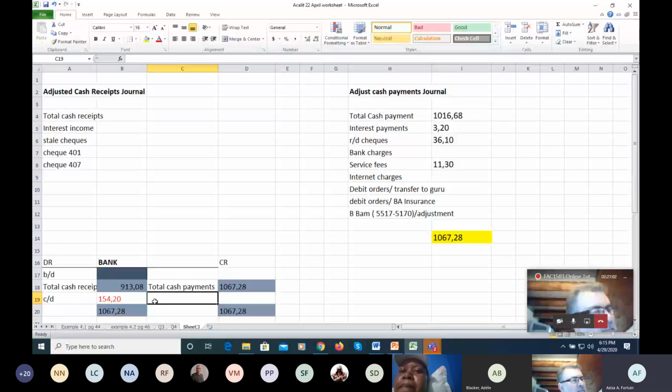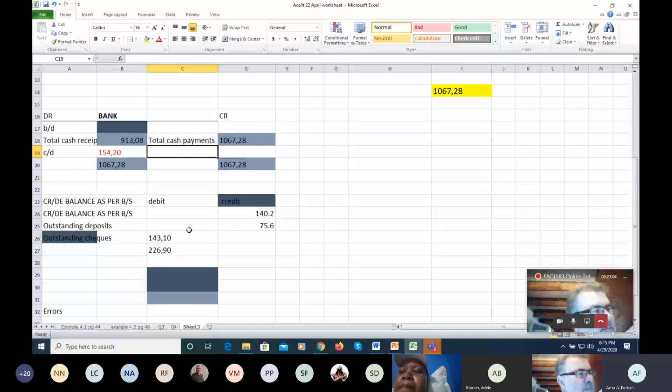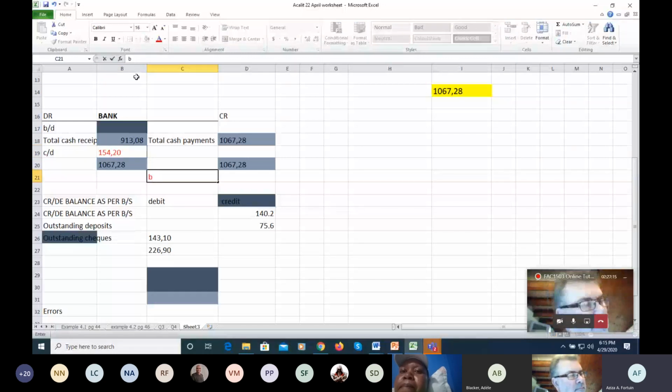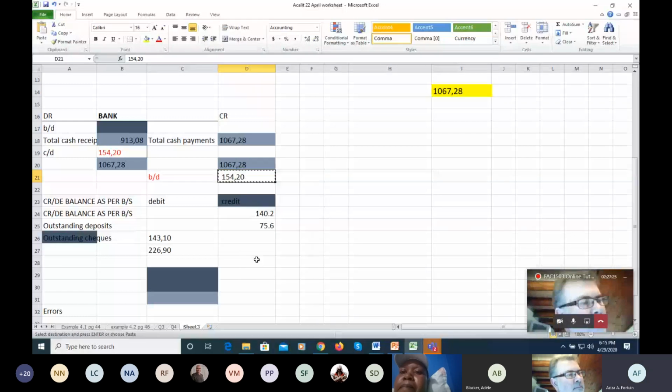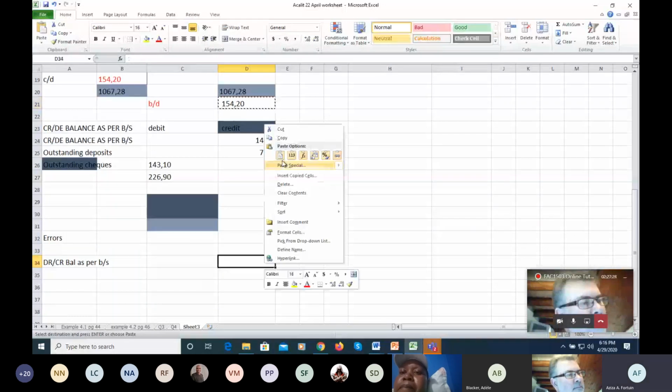Okay, let's do my bank recon now. So I've got the 140, I've got the 75. That 140, remember, is on my carry down side. I'm going to put it on my brought down at the end of the month, the 154 20. If it's on my credit side, I put it on my credit side.